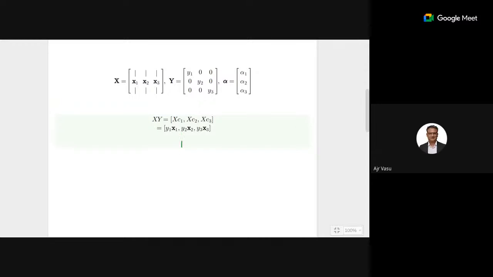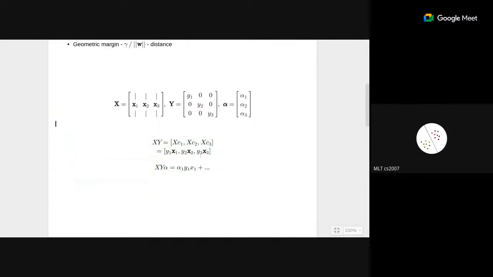If you multiply this with alpha, XY alpha, that is what? This is a matrix and this is a vector. So it's a linear combination of the columns of the matrix. You will end up getting Y1 alpha 1 X1 plus Y2 alpha 2 X2 plus Y3 alpha 3 X3. This is what we wanted. We wanted to write the sum of X_i alpha_i Y_i in terms of these matrix products.